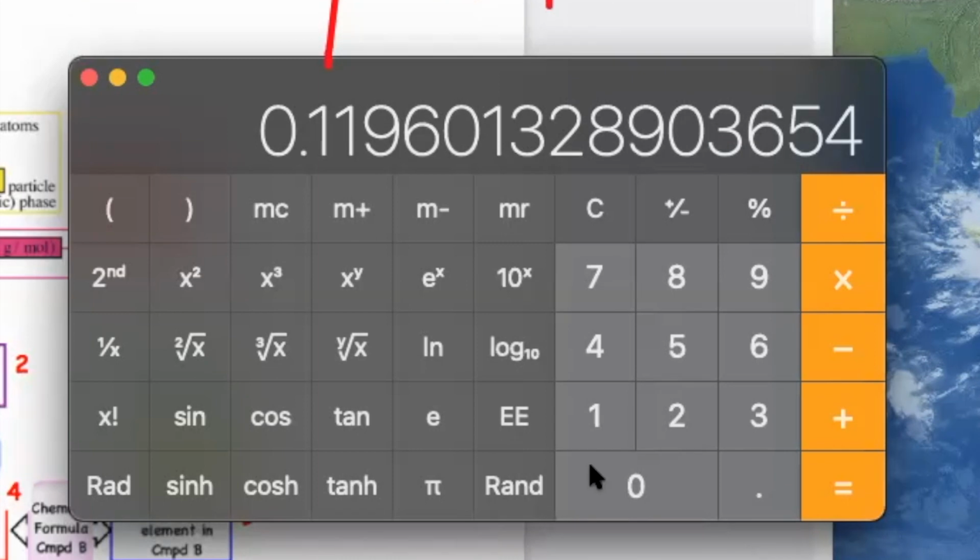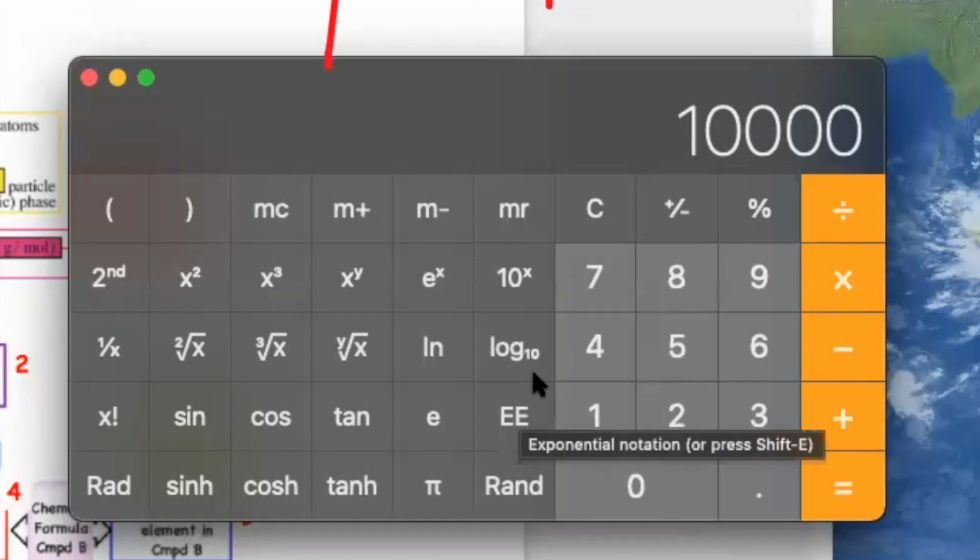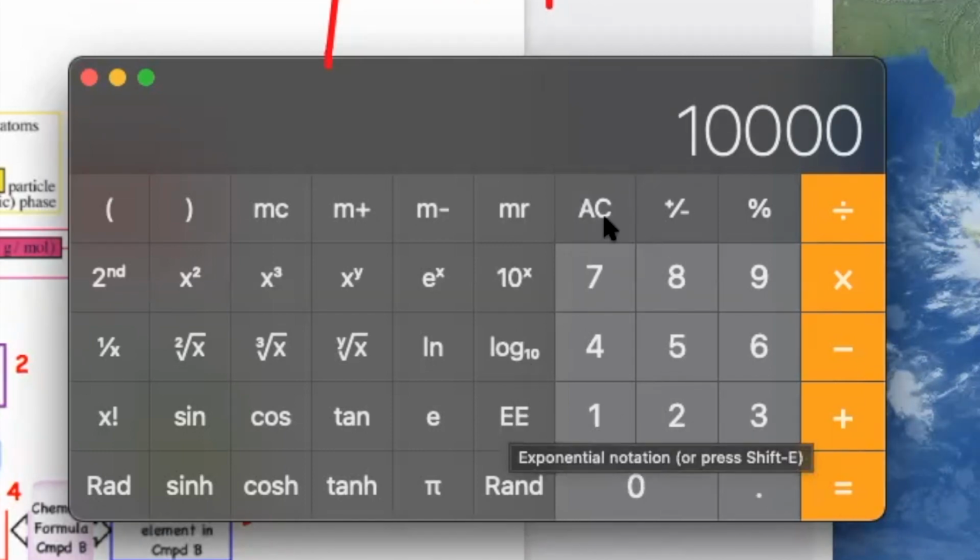Again, I want you guys to know that when you're writing exponent 4.0, use this key right here to make it an exponent. Because if you don't do that and you do 4 and then do this, see how that is actually a function? It's like taking a square root of something. You don't want to use that function. This function in your calculator takes a number and makes it an exponent.